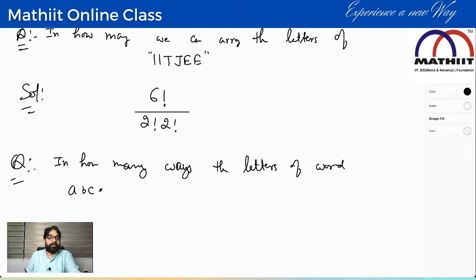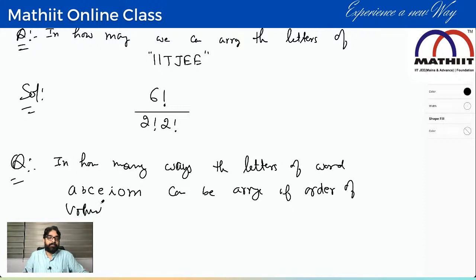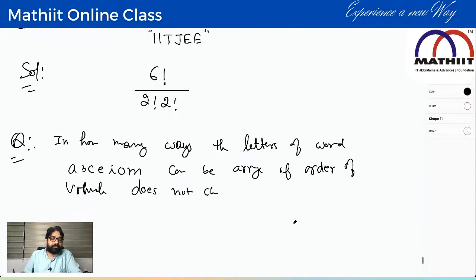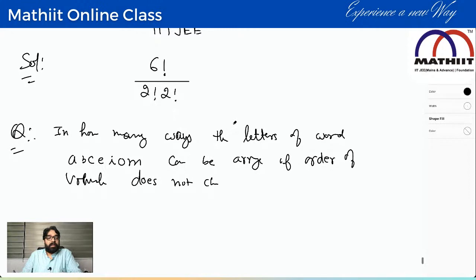A, B, C, E, I, O, M. In how many ways can the letters of the word be arranged if the order of the vowels does not change? Quickly, everybody. The order of the vowels does not change.